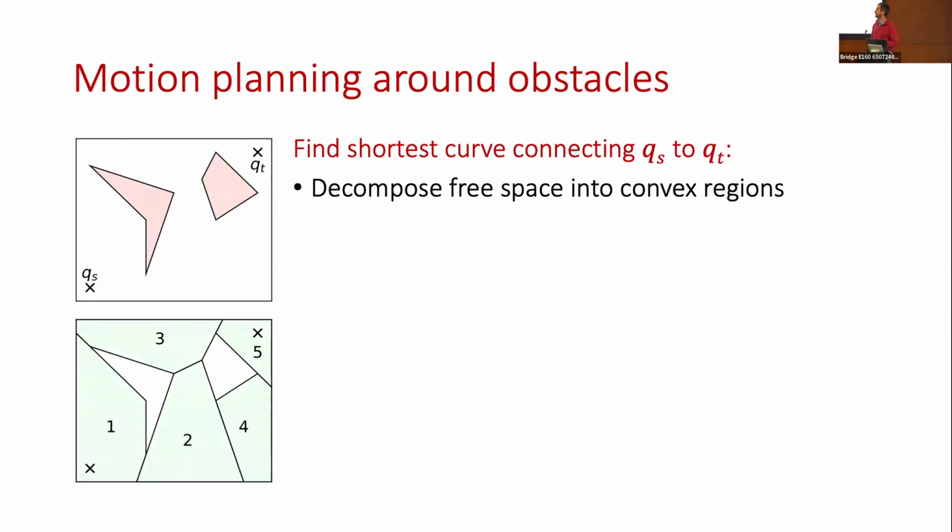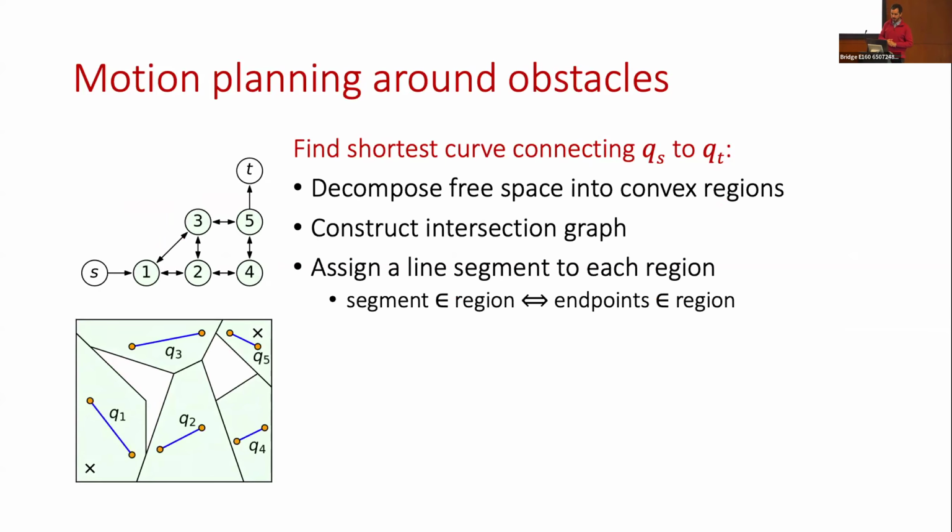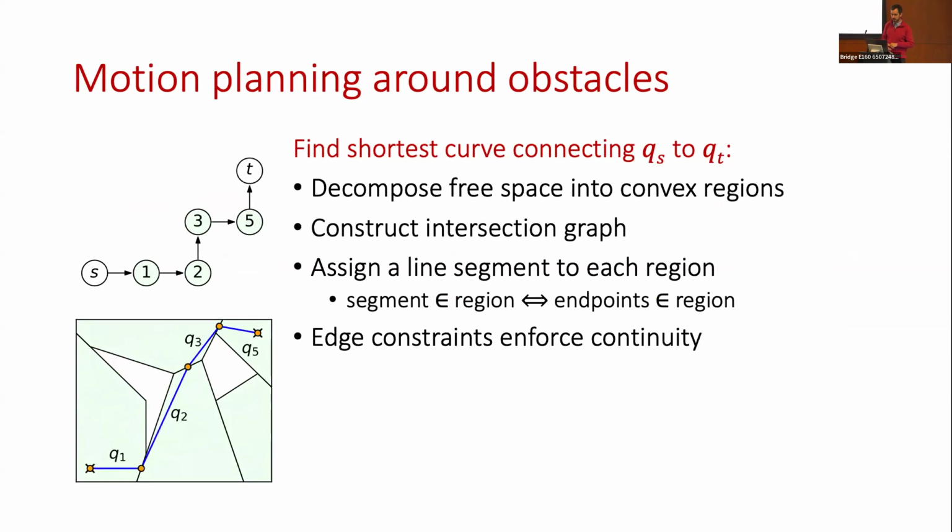Imagine also that somebody gives you a nice convex decomposition of the space that is not occupied by the obstacles. Now you can construct a graph where you have a vertex for every set in the decomposition. The continuous variables in your problem are where you enter and where you leave every convex set, and you assume that you travel along straight lines so that you don't leave the convex sets.